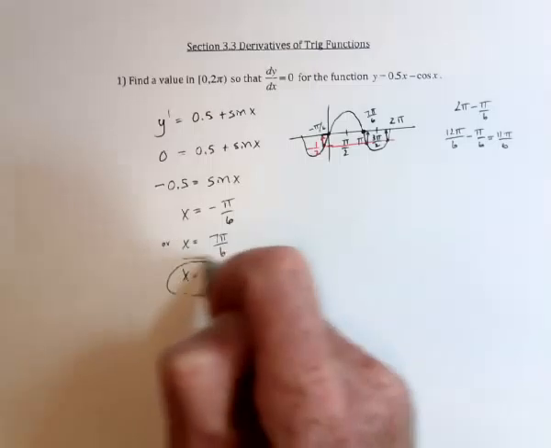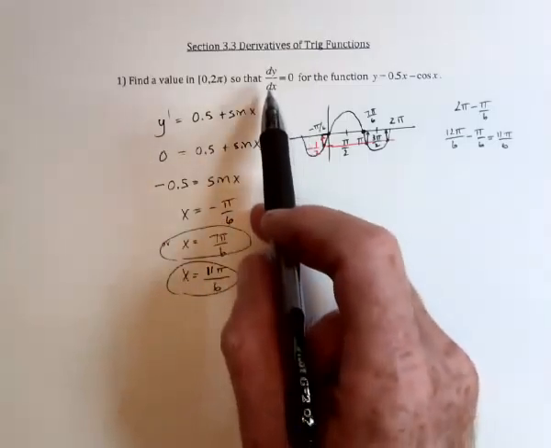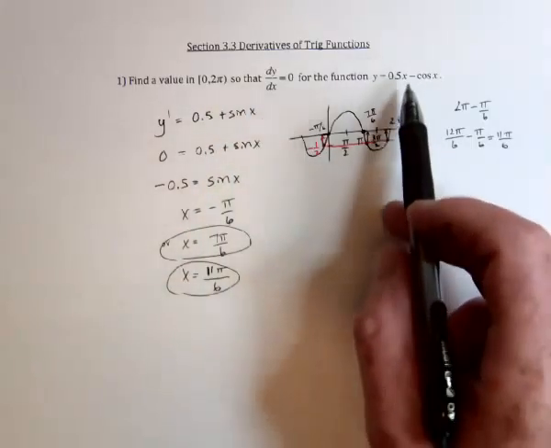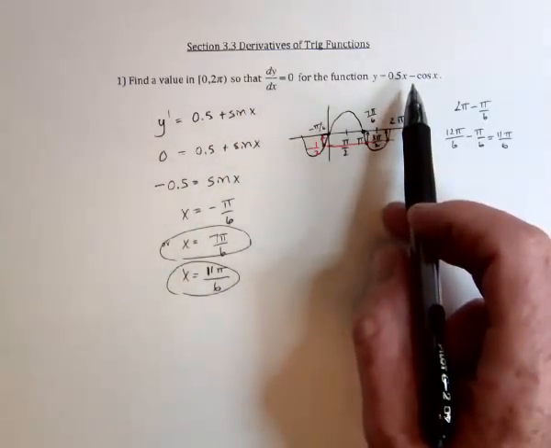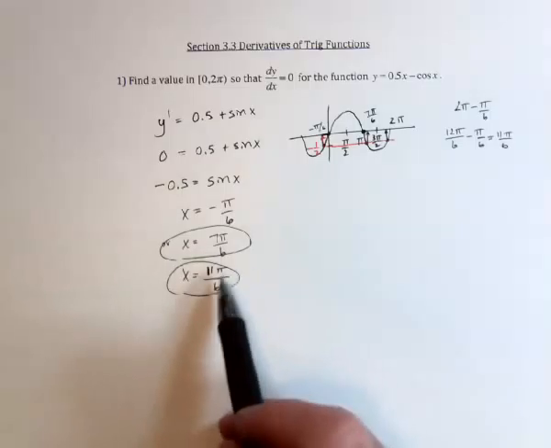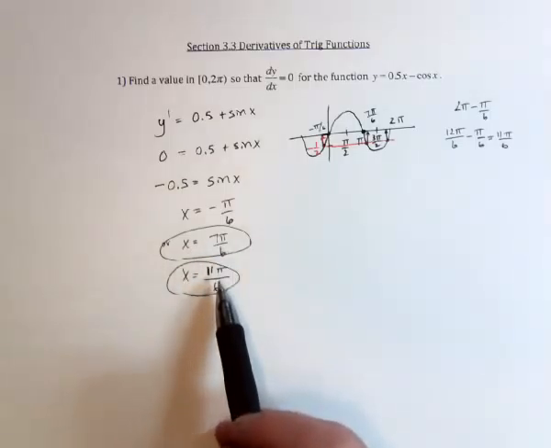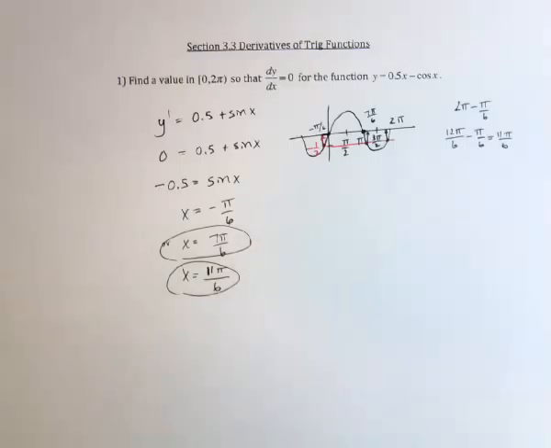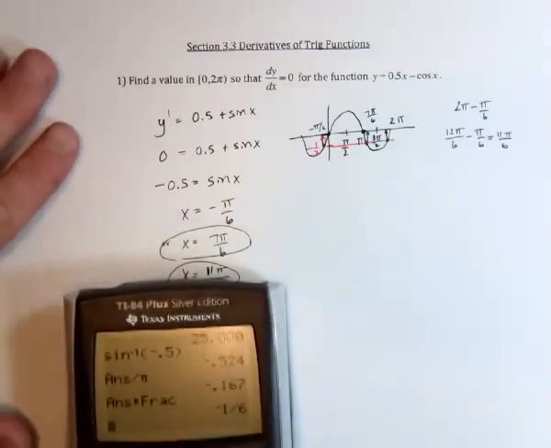Now keep in mind that the derivative is telling you slope of the tangent line. So if we take a look at the graph of this thing, we should find out that the slope of the tangent line at these two values is 0, or in other words, it's a horizontal tangent line. So let's take a look at the graph.